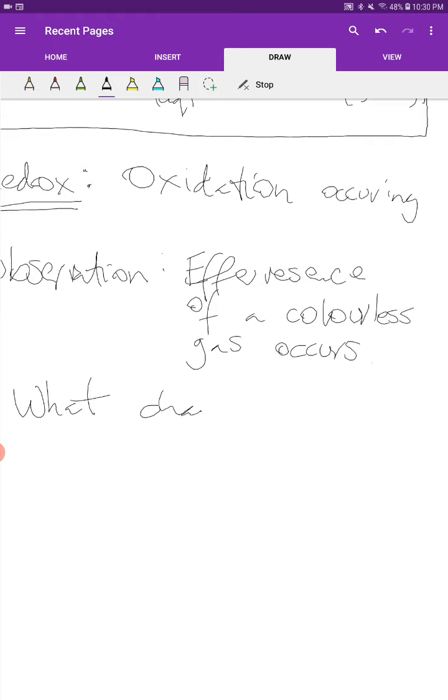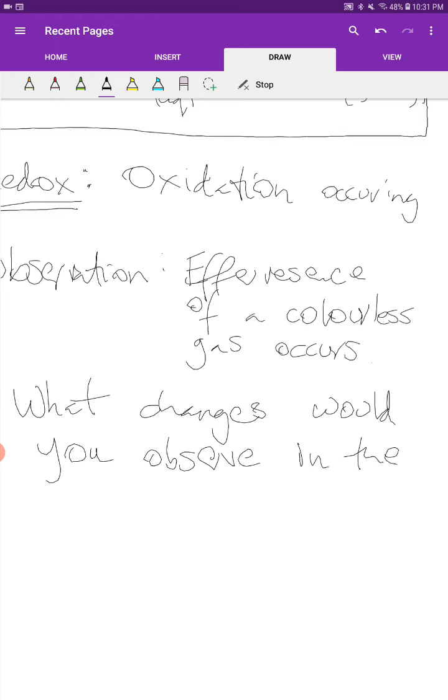What changes would you observe in the electrolyte?